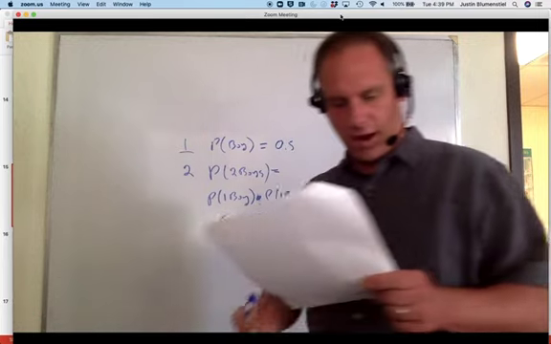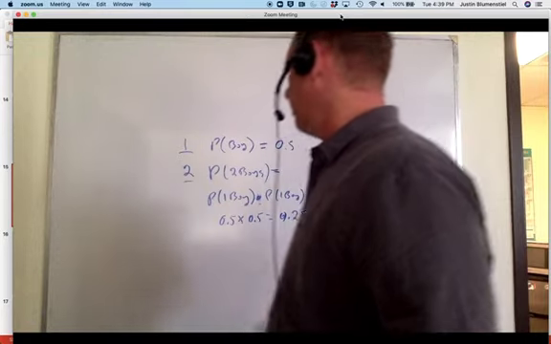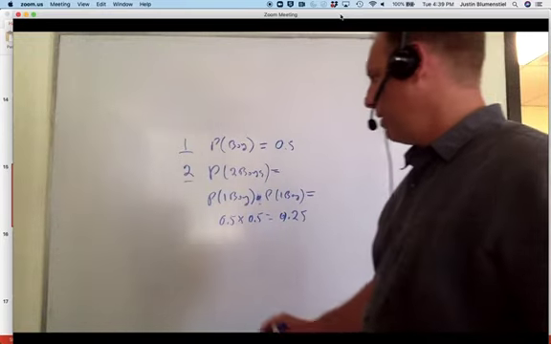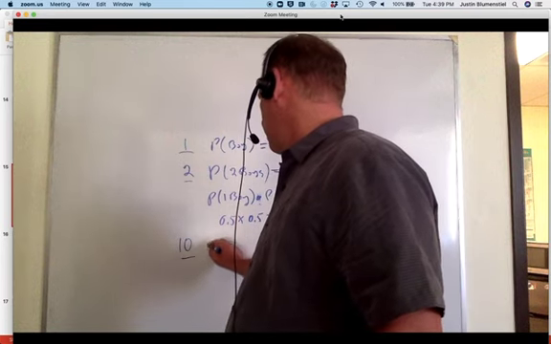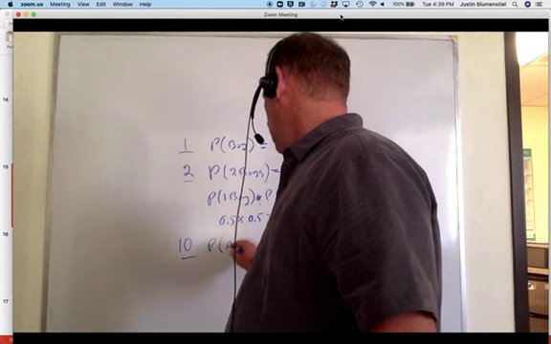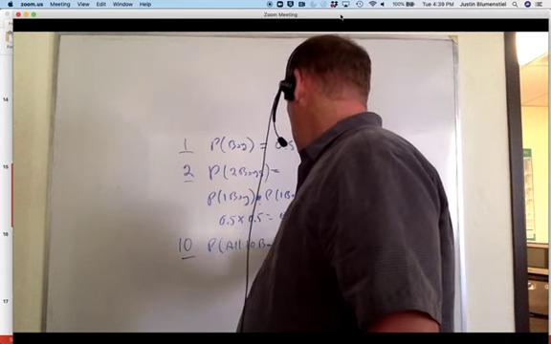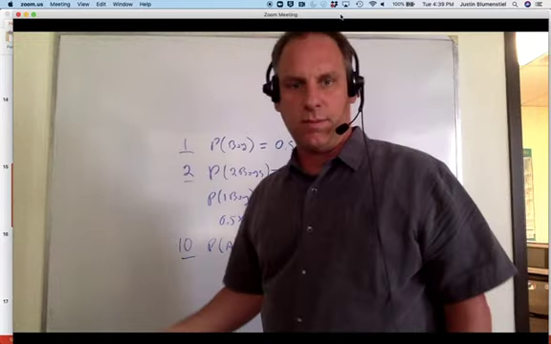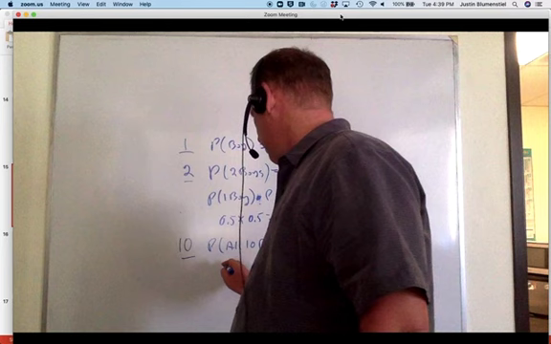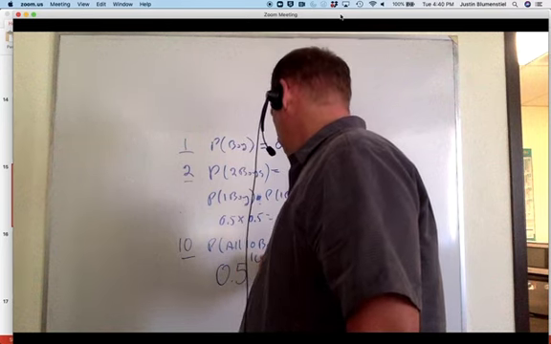All right, and that framework can now be used if instead of 1 child or 2 children, there are 10 children. What's the probability that all 10 are boys? It's simply equal to 0.5 times 0.5, so 0.5 to the 10th power.